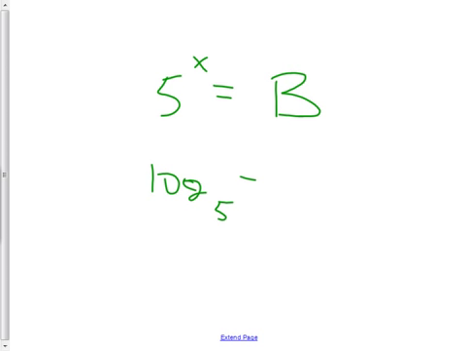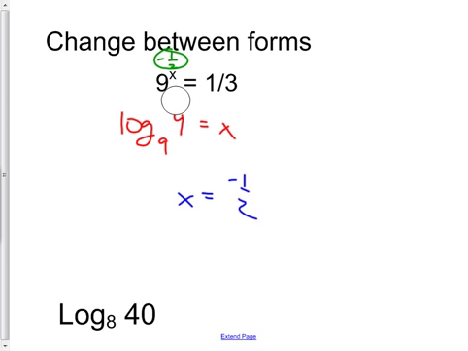So for instance, if I say 5 to the x equals b, you should be able to rewrite that as a log, because you're not always going to figure that one out in your head. Okay, I can't, but I can rewrite it as a log. Log base 5 of b is x. And now I've got it solved for x. All right, so you need to know that too, but I get that if you want to just look at this problem and say, oh, I can tell what x is in my head, that's okay, unless it specifically asks you to rewrite it as a log. Okay, now this one's a log. Please rewrite it as an exponential.